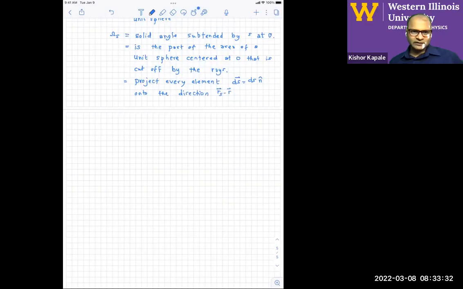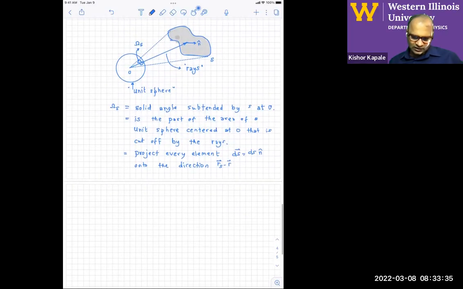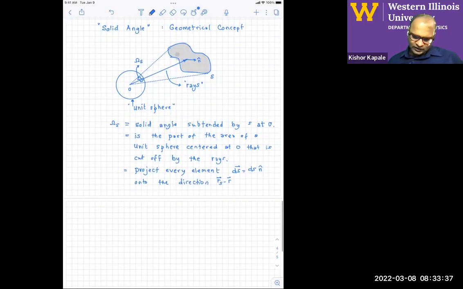So let's actually define what is rs and what is r. For this, the origin of the coordinate system is somewhere else, so O prime is the origin.